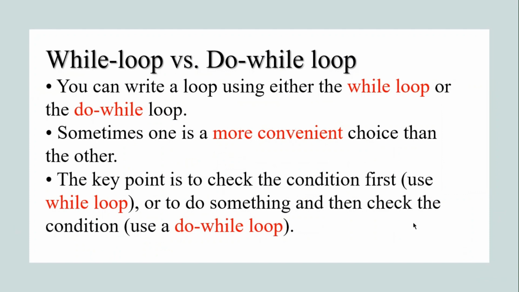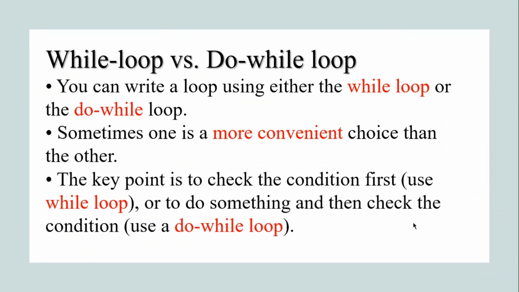For the while loop, we started with the while keyword, then the condition, then the curly braces, and inside them we wrote our statements. For the do while loop, we first have the do keyword, then the curly braces with the statement inside them.